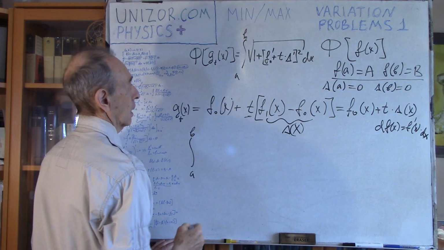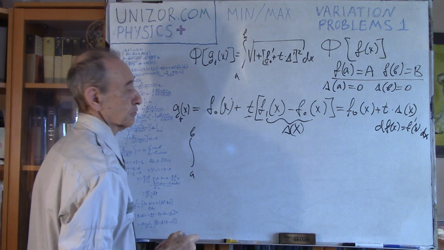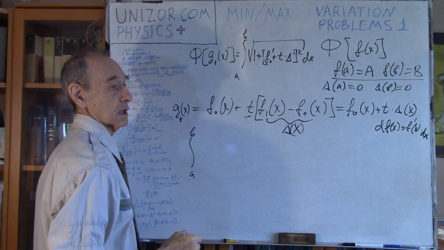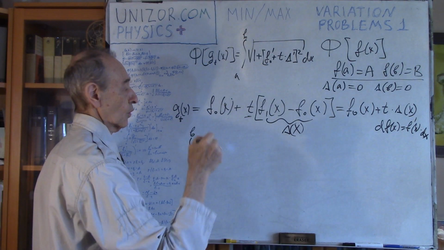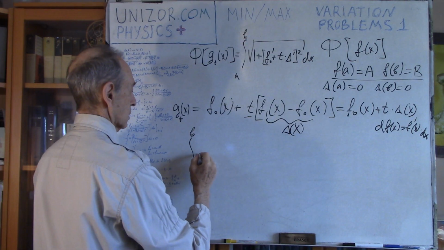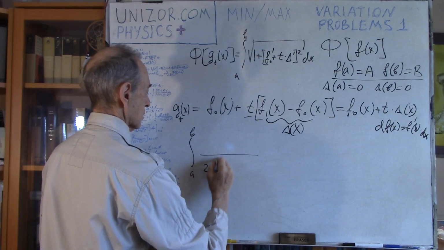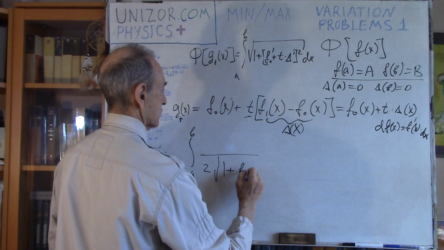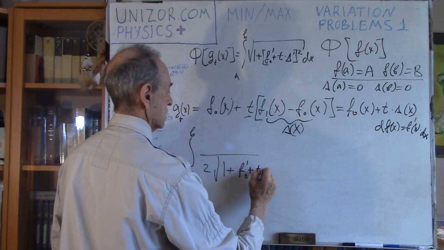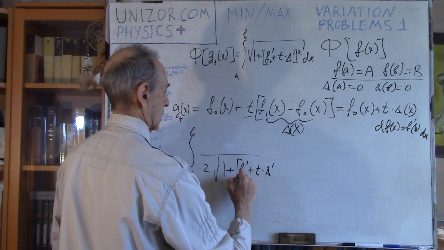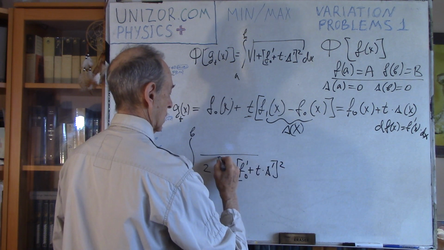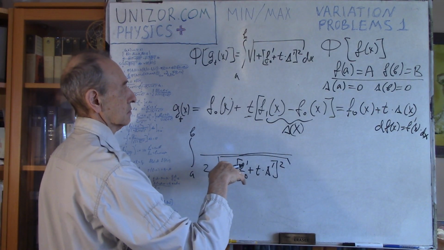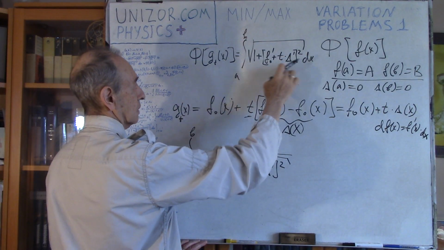what? This is to the power of 1/2. So that would be 1 over 2 square roots of 1 plus (f0 prime plus t delta prime) squared, under the square root, multiplied by the derivative of the inner function of t.